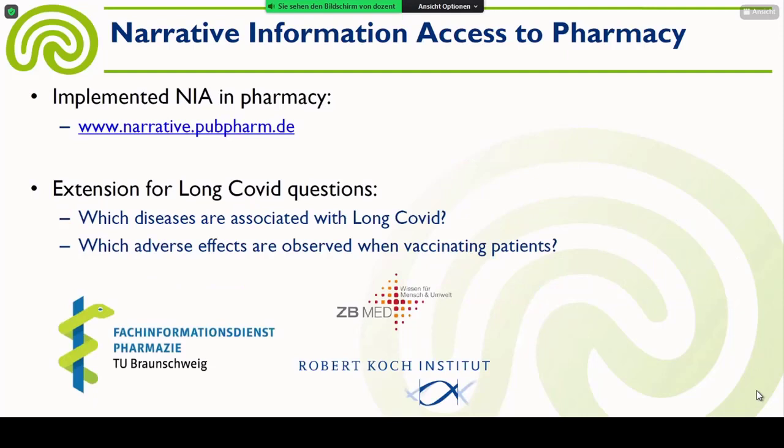What we have done for this paper is we have implemented narrative information access to pharmacy. In a joint work with the ZBMed library and the Robert Koch Institute, we have enhanced our retrieval service for long COVID questions. So you could ask which diseases are associated with long COVID, which adverse effects are observed when vaccinating a patient, and so on.